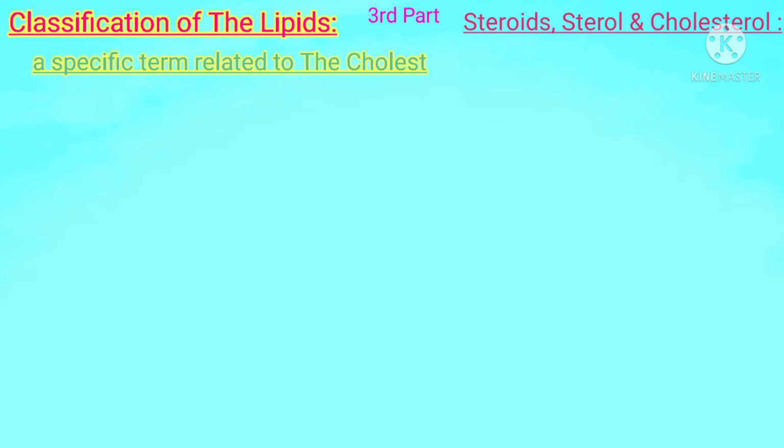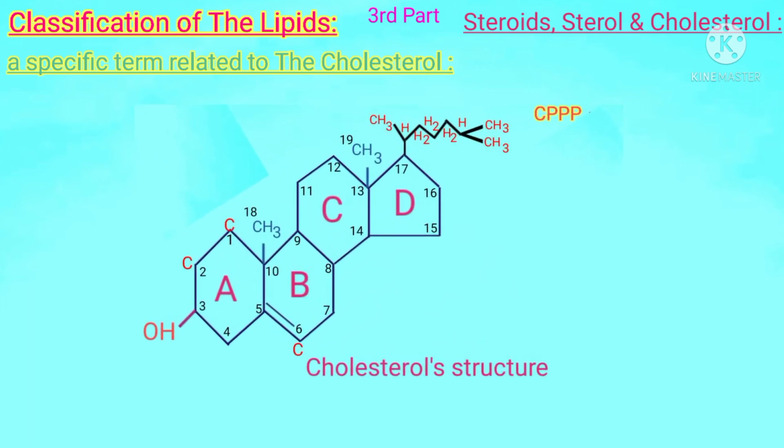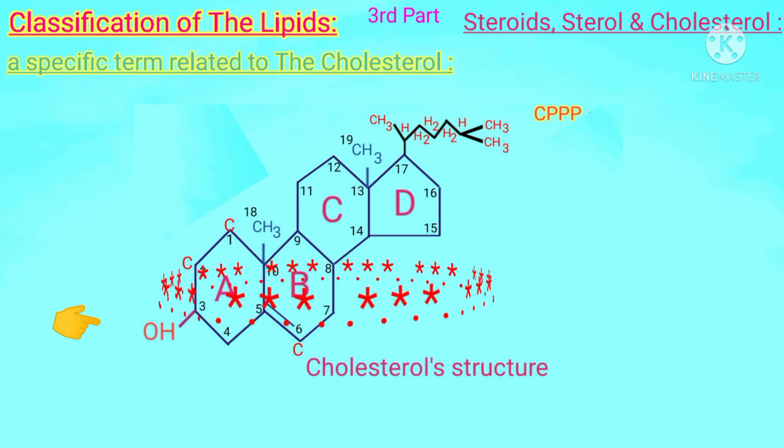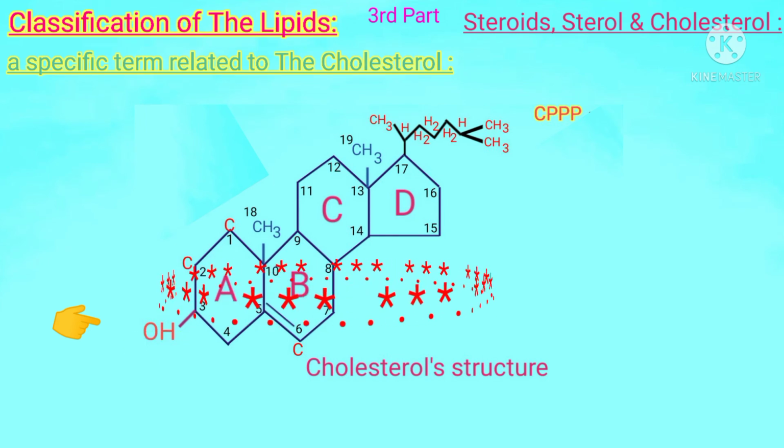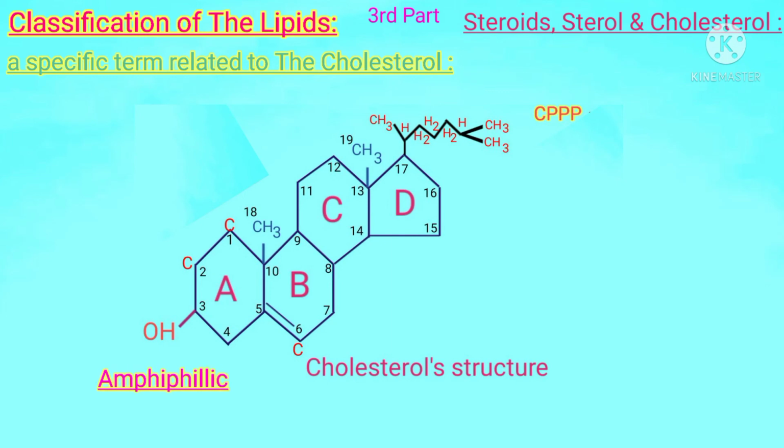But students, there is one thing more that has been left. In the structure of cholesterol, the presence of the hydroxyl group gives some polar characteristic to cholesterol. So it makes cholesterol amphiphilic. Therefore, it can react with water as well as with oil.